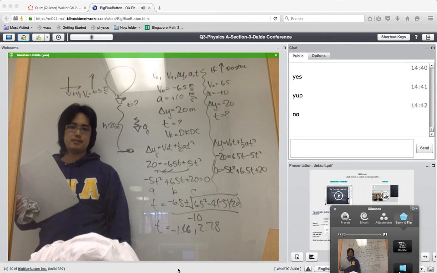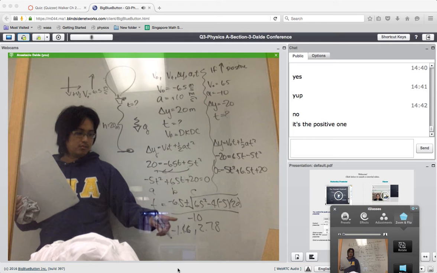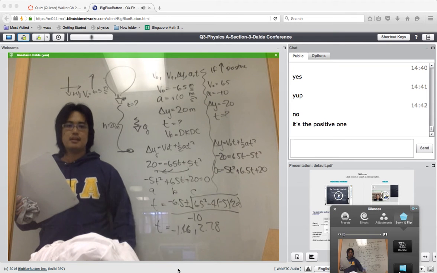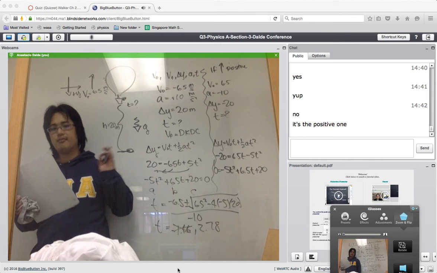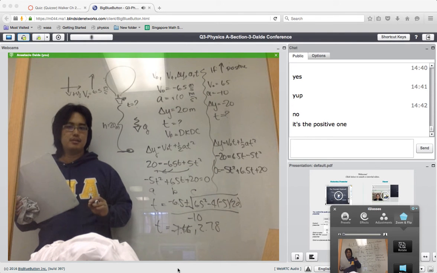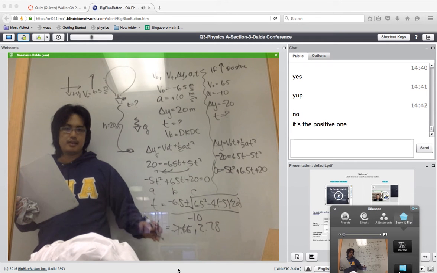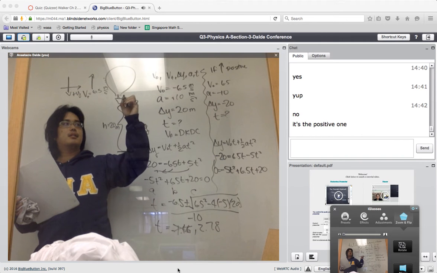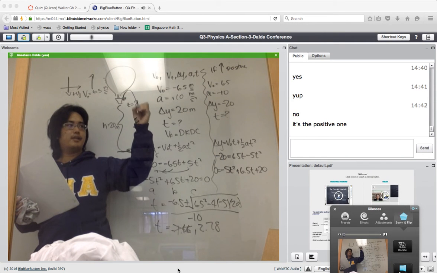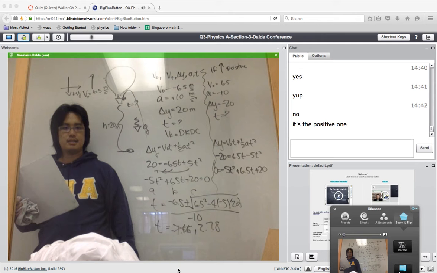What is your answer? Because these are the two numbers you get when you evaluate this. It's the positive one. I love that. Exactly. Even though you have a parabola with two answers, the time that we're looking for is 2.78, not the negative 1.46. It's the positive answer. Does that make sense?